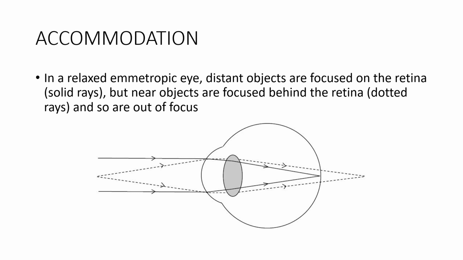The next subject is accommodation. In a relaxed emmetropic eye, distant objects are focused on the retina, and this is shown by these solid rays, but near objects are focused behind the retina and are as such out of focus.